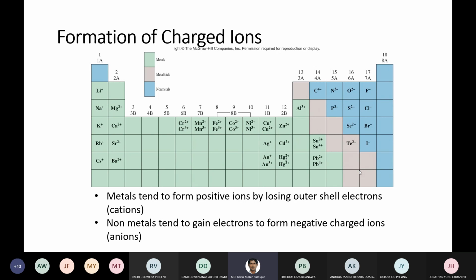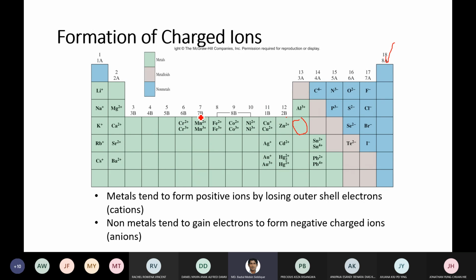And metals, as I said, group 18, right? So they are the noble gas, and everyone wants to attain that electronic configuration of a noble gas. So what happens is, they will try to release the electron and try to be closest to that noble gas structure.